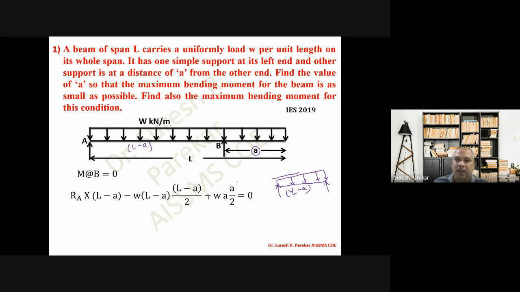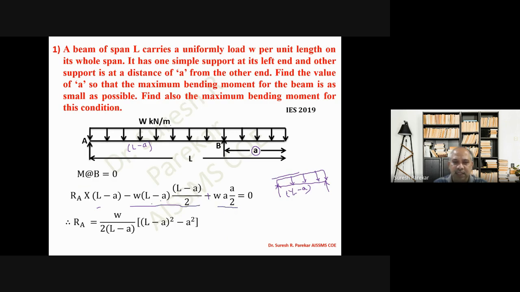So this should be plus WA into A by 2. Now we take W into L minus A upon 2 to the other side, so this term becomes plus and this term becomes minus.